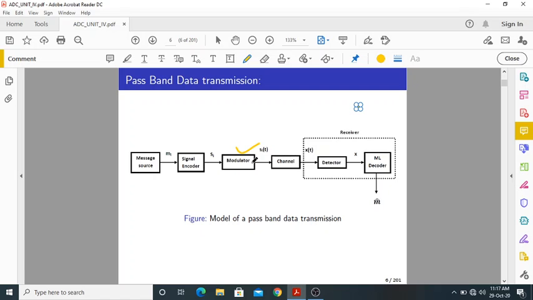Now we have to see how to design the receiver of BPSK. Finally there is an estimation. Suppose you have transmitted mi, and m cap is the estimation. If m cap is equal to mi, there won't be any error. Otherwise there will be an error.